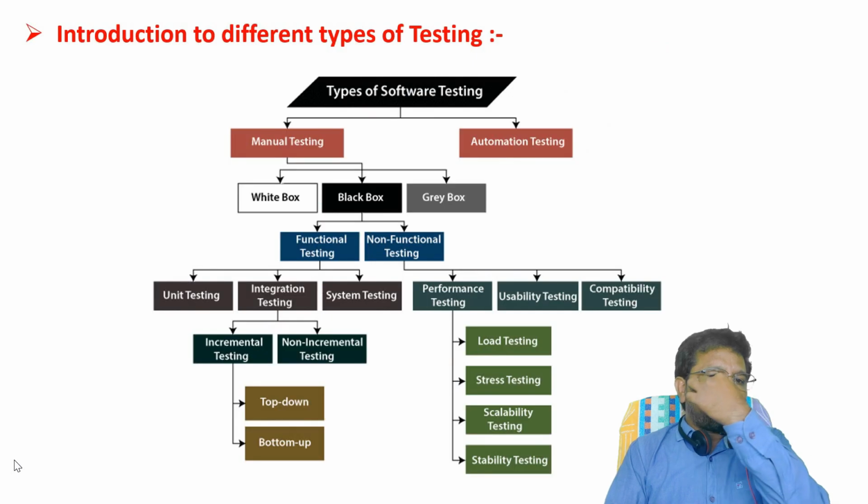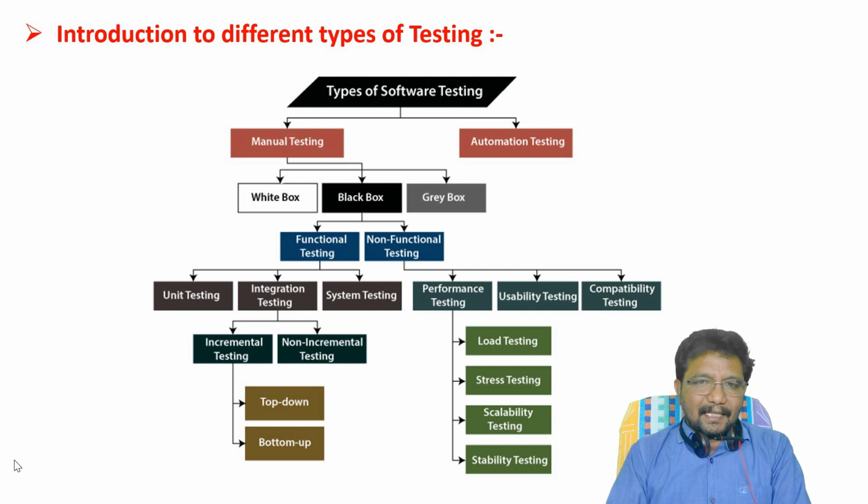So we discussed this one, see here. Introduction to different types of testing. We discussed that types of testing include two important things: manual testing and automation. And either manual or automation includes three important things: white box, black box and gray box.